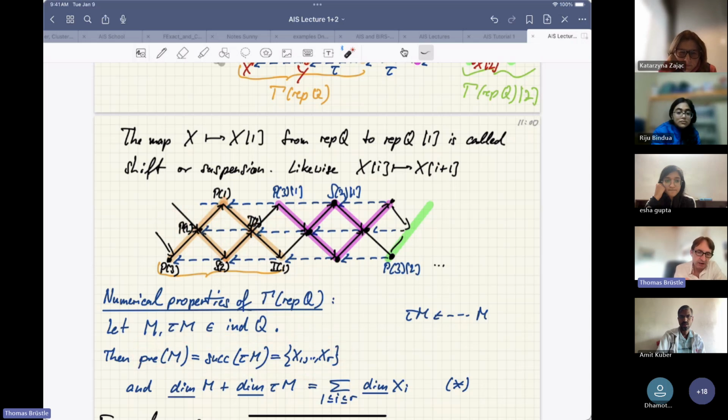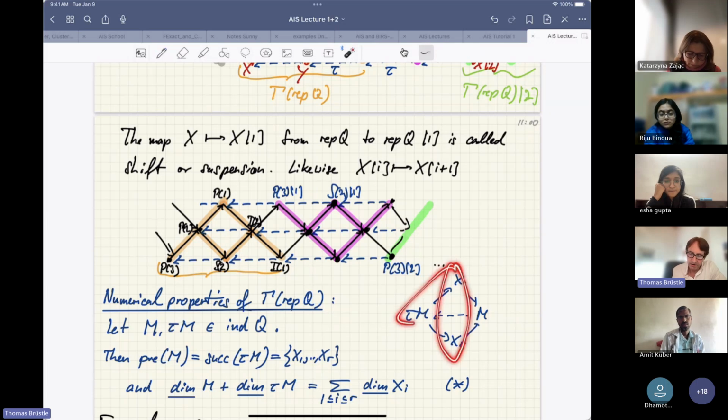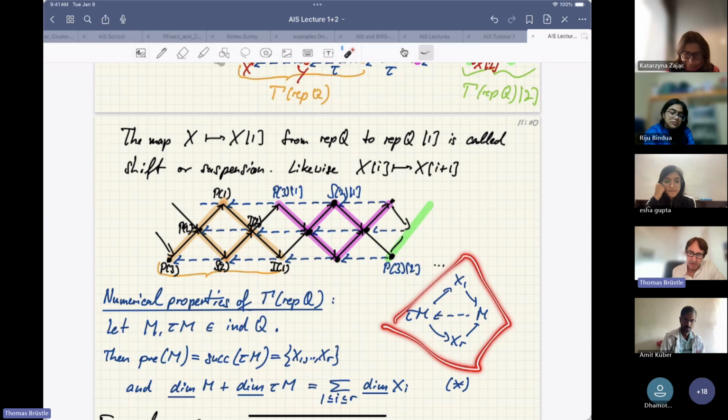So this is one of the numerical properties of the Auslander-Reiten quiver for modules: the set of direct successors of tau m coincides with the set of direct predecessors of m. There's a symmetry. These two are equal. And this one is an Auslander-Reiten sequence.